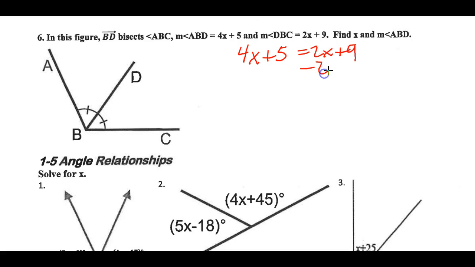Okay, so again, subtract 2x from both sides. Try to get us back to that spot. 2x plus 5 equals 9.